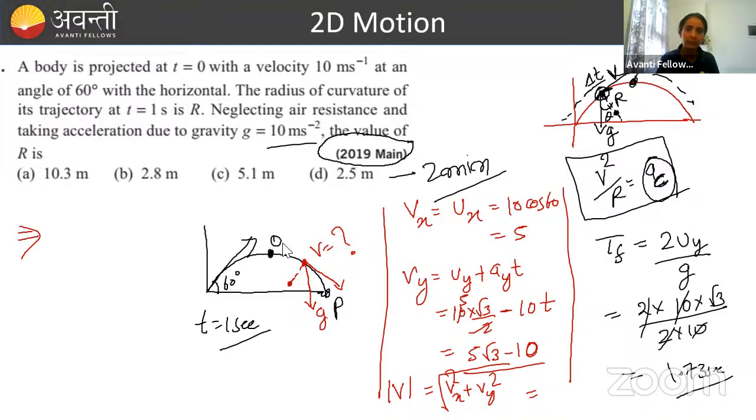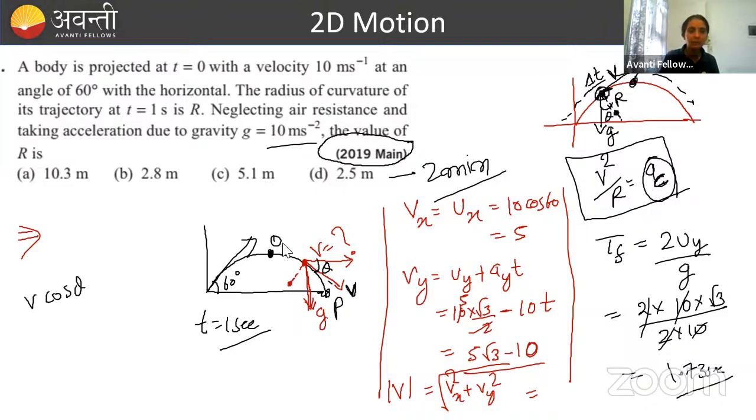Just assume that this is vertically downward, and I take this as horizontal. Now suppose this angle is theta, and this is the total velocity.